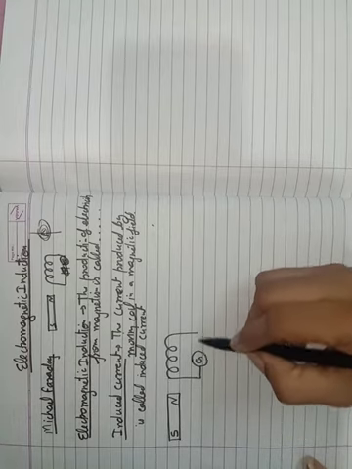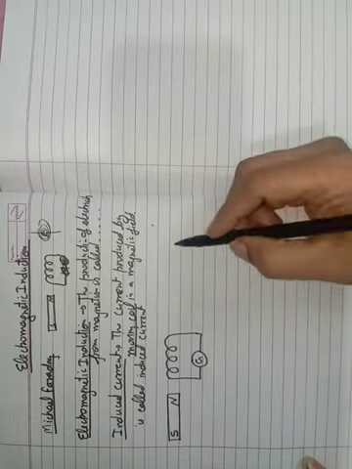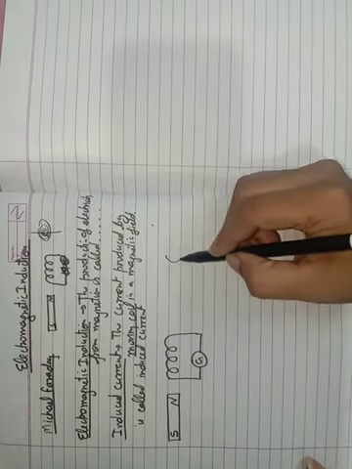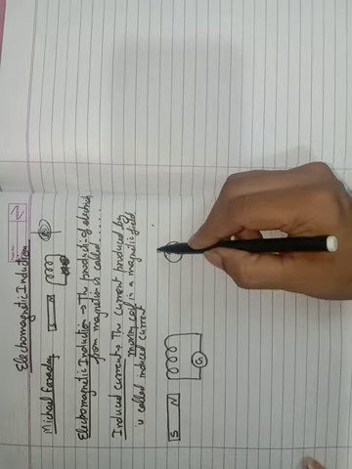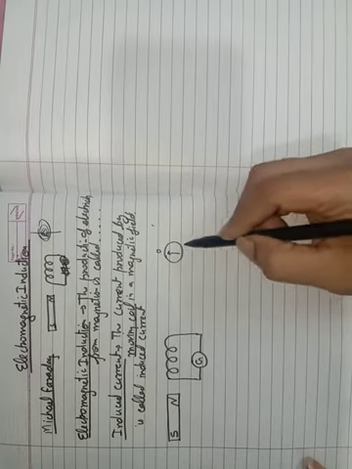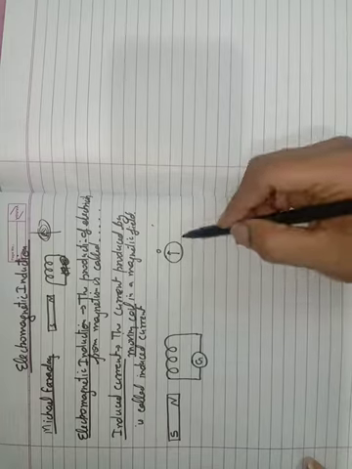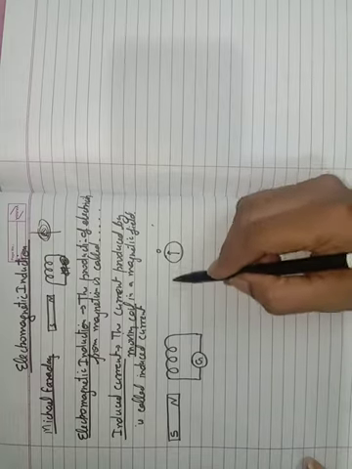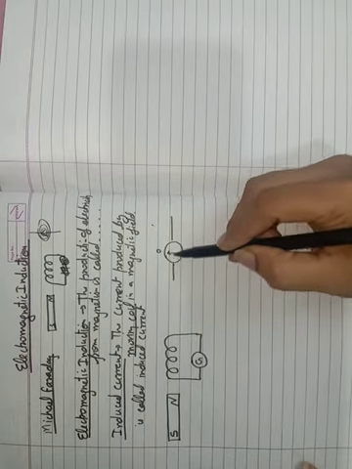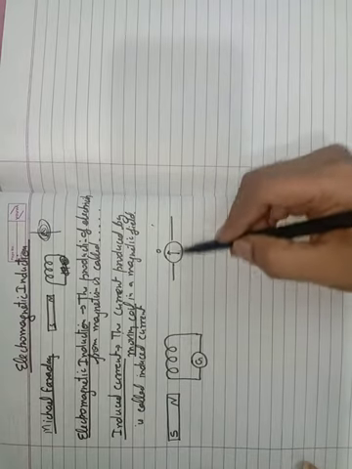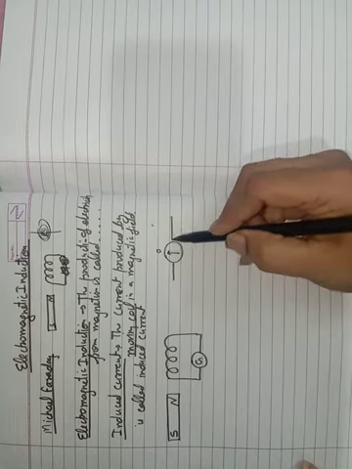First of all, we should know what a galvanometer is. Actually, a galvanometer is a device with a pointer which points towards zero. When current is produced in a circuit, the galvanometer shows deflection.